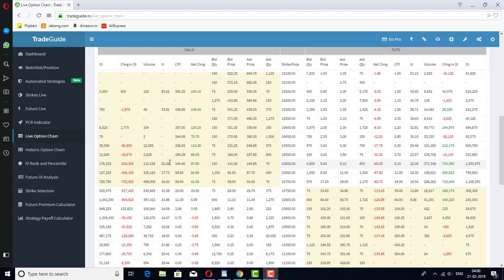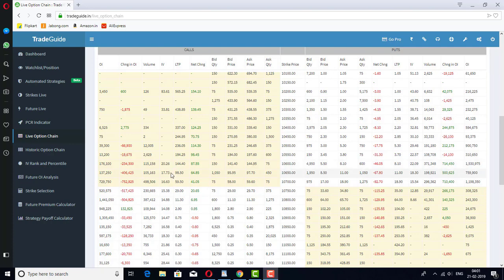The next column is implied volatility. So what is implied volatility? In a general, macro sense, if a particular stock or index has an implied volatility of, suppose, 20%, then it is expected that after 365 days, that is 52 trading weeks, a whole year, the movement of that particular index or stock is 20%.